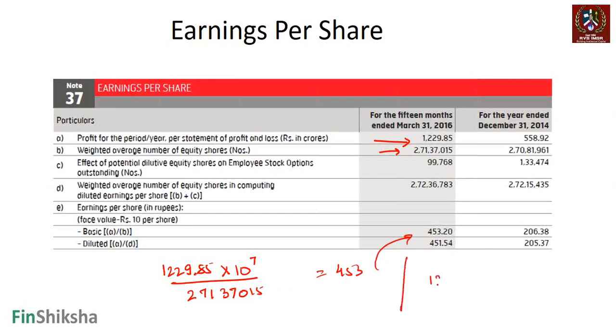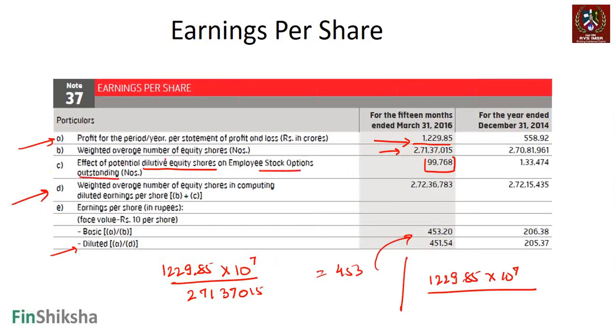In the second case, you are going to take 1229.85 multiplied by 10 raised to the power 7. That's diluted we are calculating now. Note A by D. So A divided by D. Diluted shares are nothing but the current shares outstanding, and another 99,768 shares can come. These are called potentially dilutive equity shares on employee stock options outstanding, right?